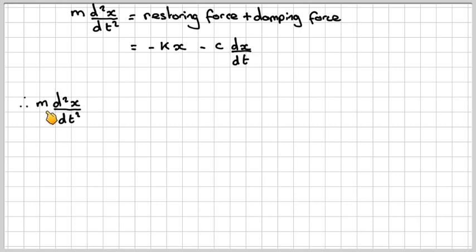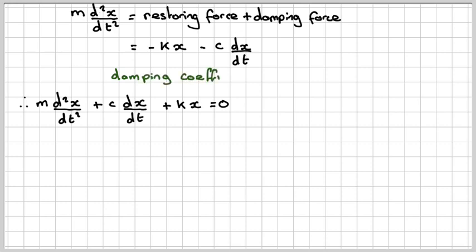Putting that together, we get m times the second derivative plus c times the first derivative plus kx is equal to 0. Or mass times acceleration plus a constant times velocity plus another constant of the spring times the displacement, and that's equal to 0.